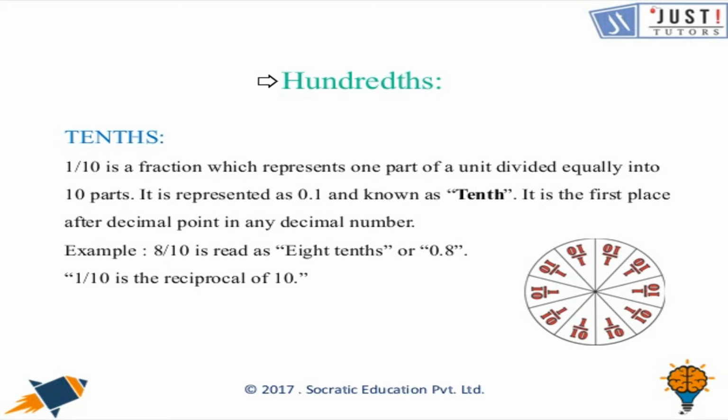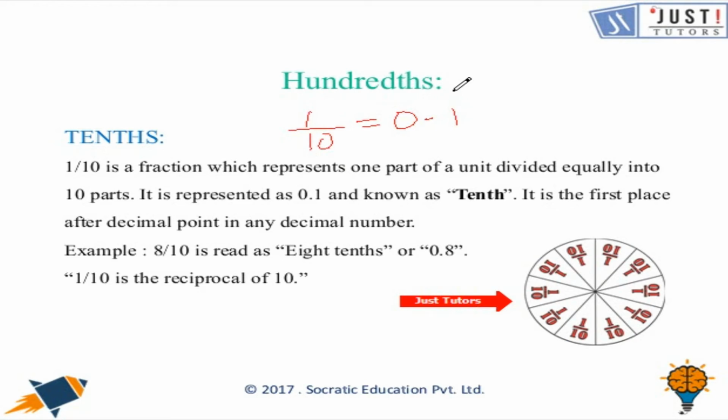Moving ahead, let's talk about hundredths. Before moving on to hundredths, let's have a quick review of what tenths means. 1/10 is a fraction which represents one part of a unit divided equally into 10 parts. It's represented as 0.1. 1/10 equals 0.1.